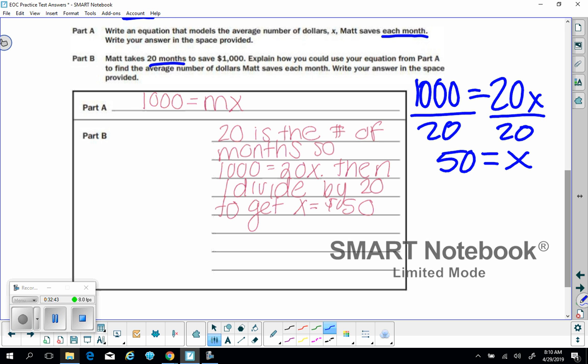Because I would have gotten confused if I tried to write it all in words. So I did the math first, and then I just wrote down what I did. Well, first I plugged in 20. So 1,000 equals 20x. Then to get x by itself, I divide by 20. The answer is x equals 50. Any questions?